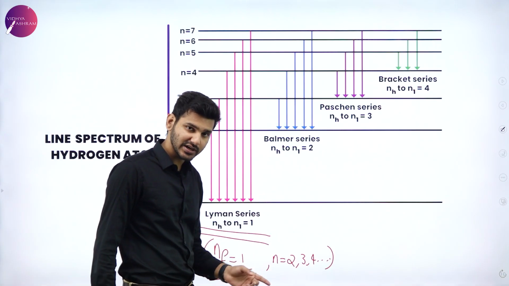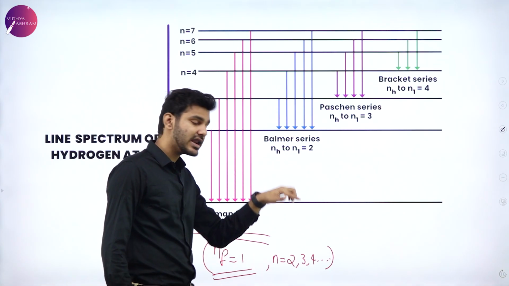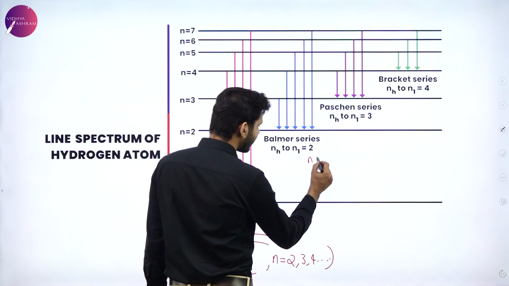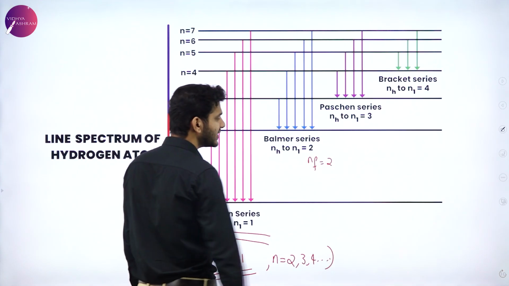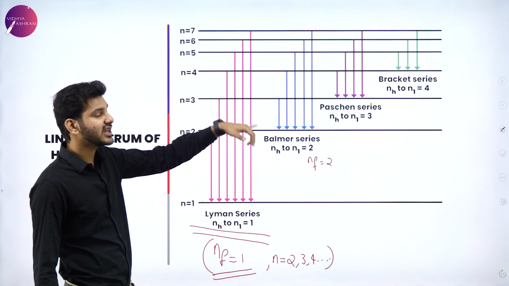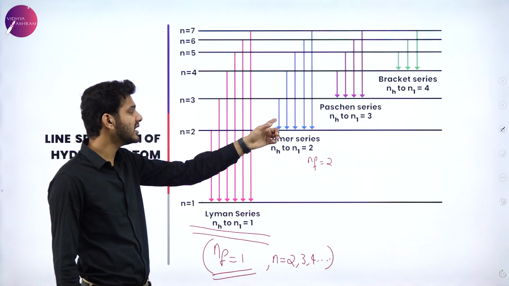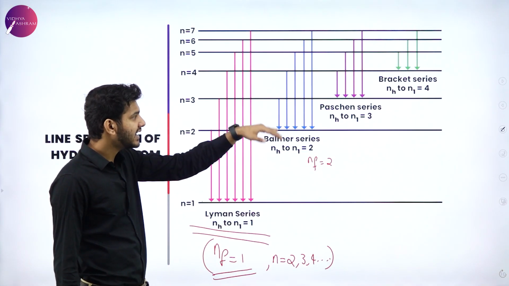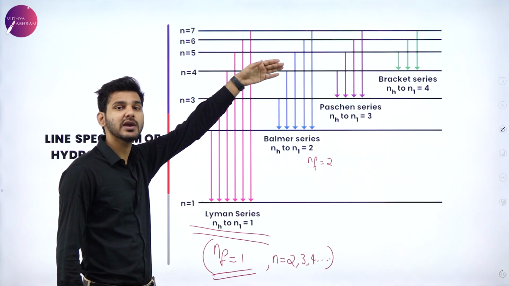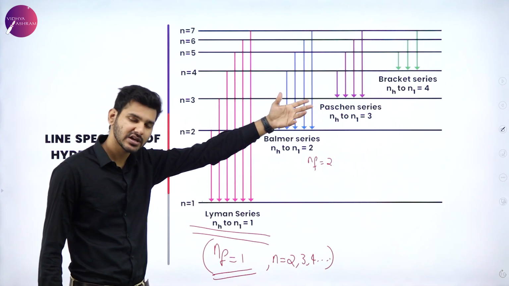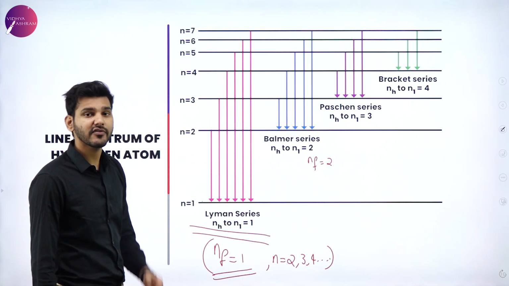Similarly, for the Balmer series, nf will be equal to 2, which means the final orbit the electron jumps into will be 2. Anything above 2, the electron can make a transition to the final state having a principal quantum number of 2.